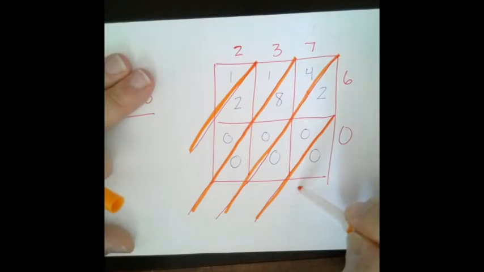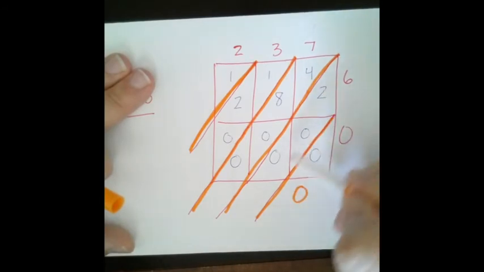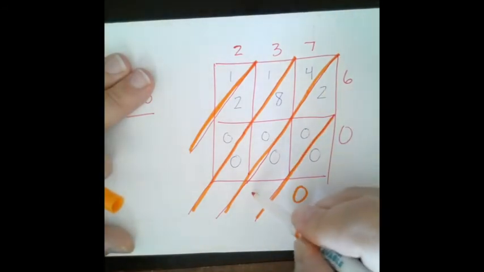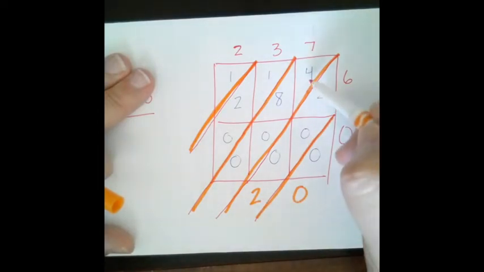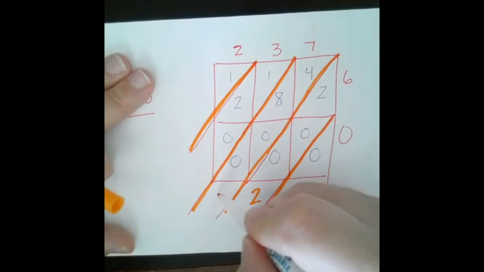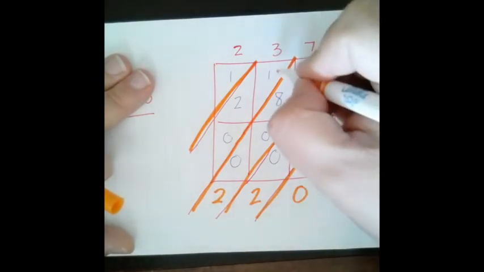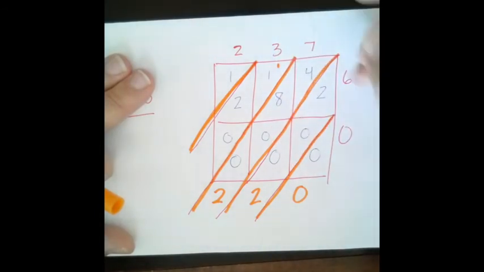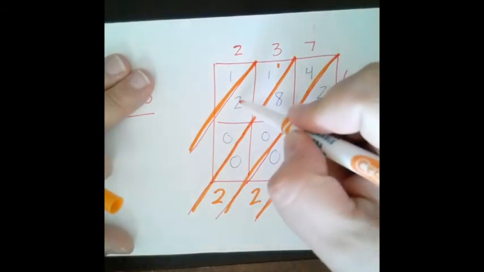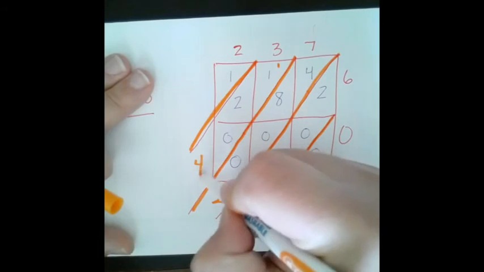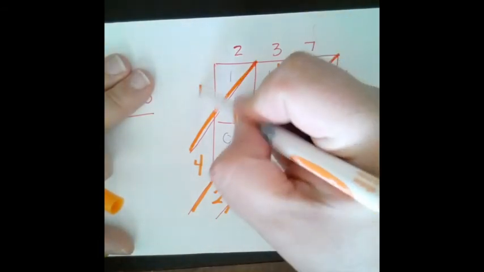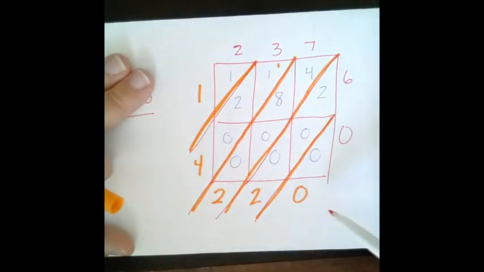There's nothing else to add, so that's 0. 2 plus 0 plus 0 is 2. 4 plus 8 is 12. So I'm going to put my 2 down here and carry the little 1 up to my next column. 1 plus 1 plus 2 is 4. And then 1 here. And voila, there you go, is your answer.